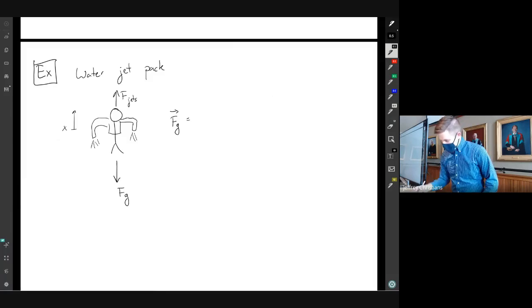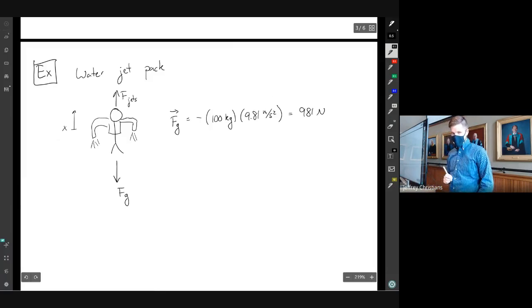So the force from gravity is minus, we'll say 100 kilograms times 9.81 meters per second squared. So that's 981 newtons, negative. I chose that number because it's an easy number for me to do in my head.